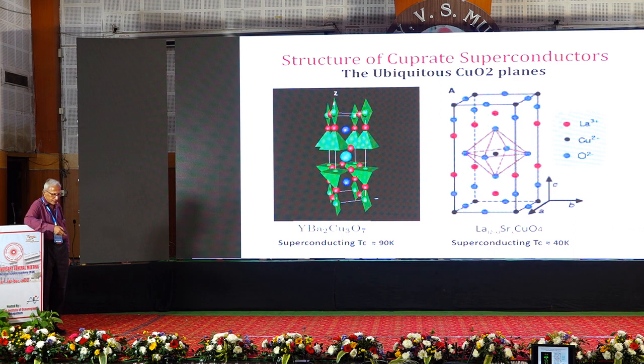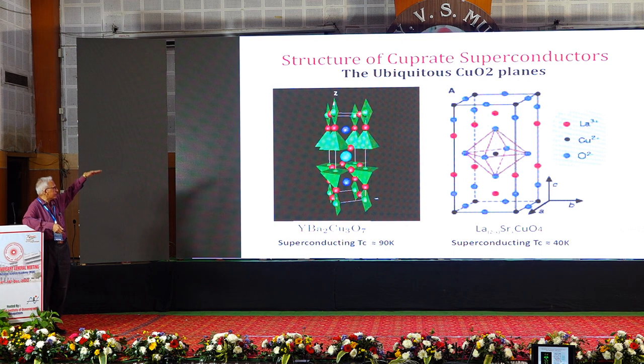Okay, that's a material where the copper is sitting in planes. Each copper is surrounded by 4 oxygens in the plane, and by 2 apical oxygens, and the lanthanum is sitting in a different plane. So the copper oxide plane, and the lanthanum oxide plane, a copper oxide plane, and so on.